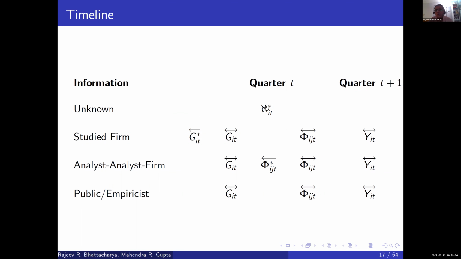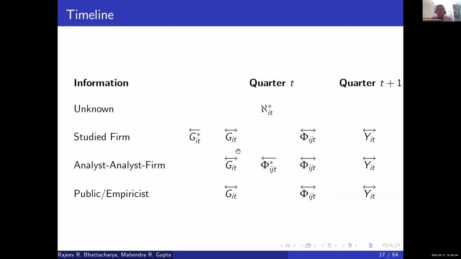The unknown Aleph_it star is the actual earnings of firm i in quarter t. The star says it's never observable to the econometrician or to the public. Based on Aleph_it star, through information imperfection and learning imperfection, G_it star, with a left arrow, is the studied firm's best estimate of its own earnings. We never observe it.